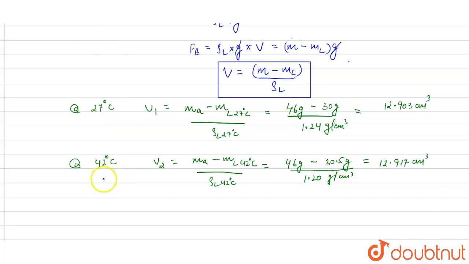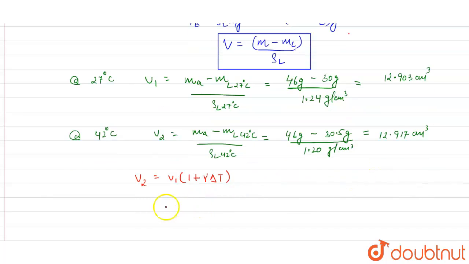So applying the relation of thermal volume expansion, the final volume is equal to initial volume into 1 plus coefficient of volume expansion into the change in temperature. And as we know, the relation between the coefficient of volume expansion and coefficient of linear expansion is gamma equals 3 times alpha, where alpha is the coefficient of linear expansion.